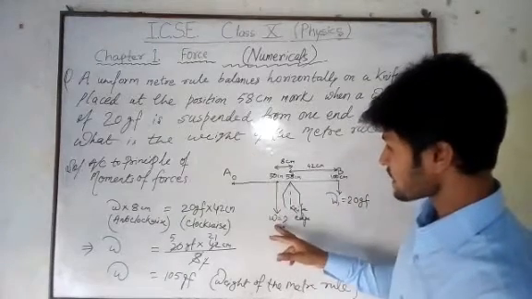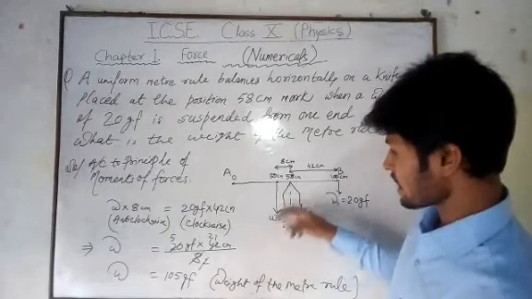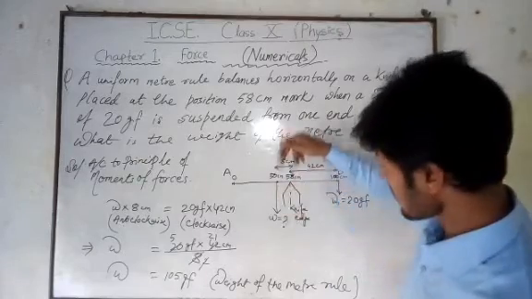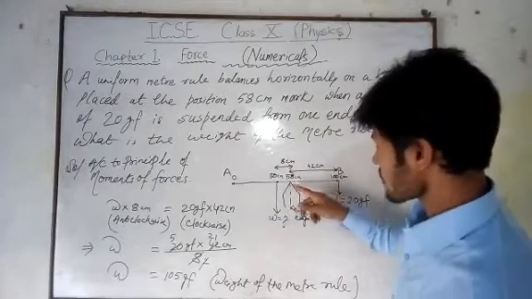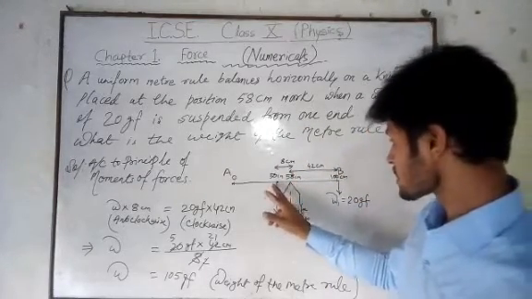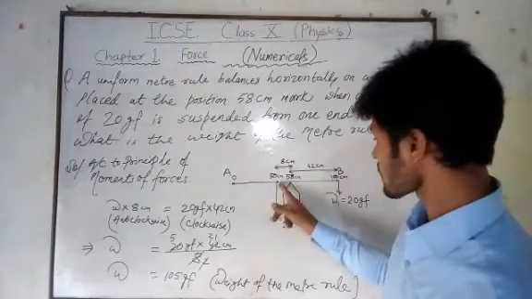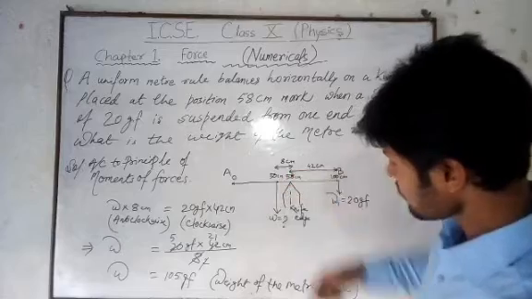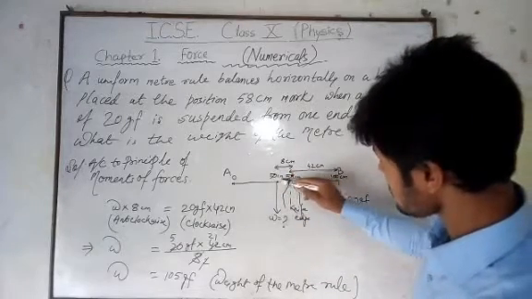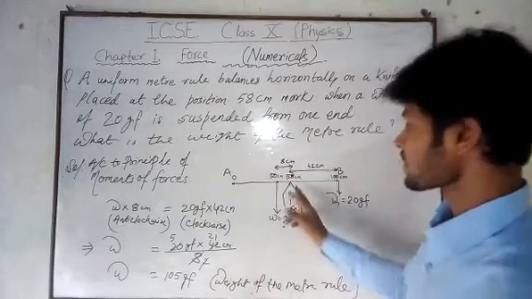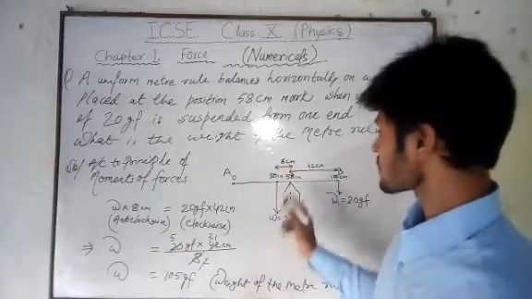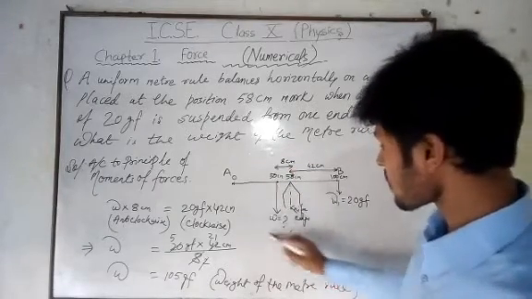So the weight is applied downward. This is the distance, 8 centimeter. This is the knife edge, and this is the weight. This is the line of force, this is the distance, and this is the pivotal point. So 8 centimeter is the distance.